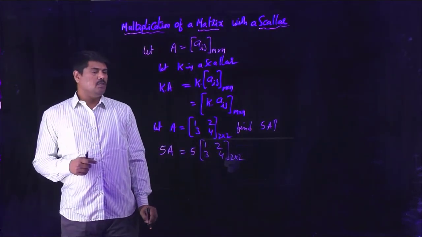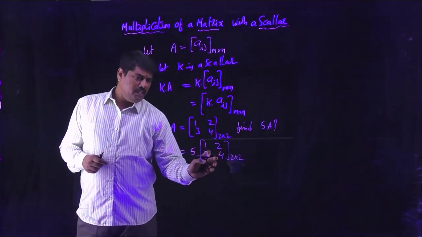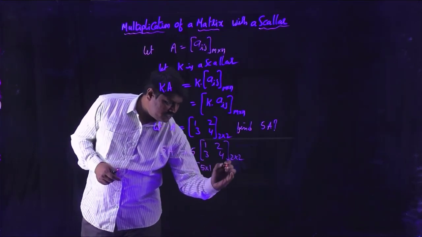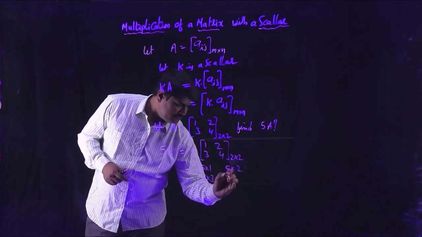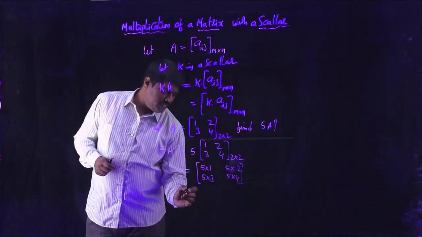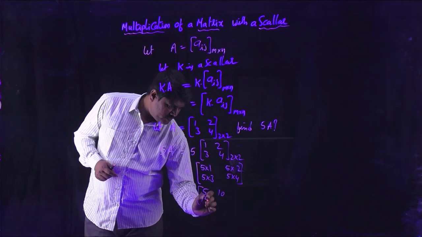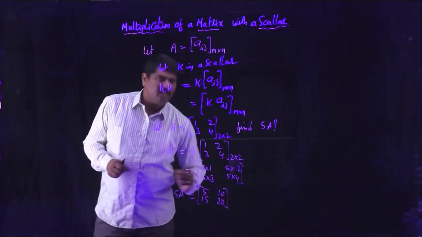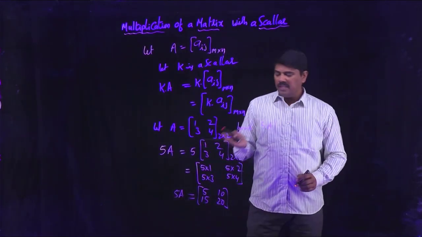Multiplying a scalar into a matrix, you have to multiply that scalar with all the elements present in the matrix. So what is the total result? 5, 10, 15, 20. This is the matrix 5A. This is the process of multiplying a scalar into a matrix.